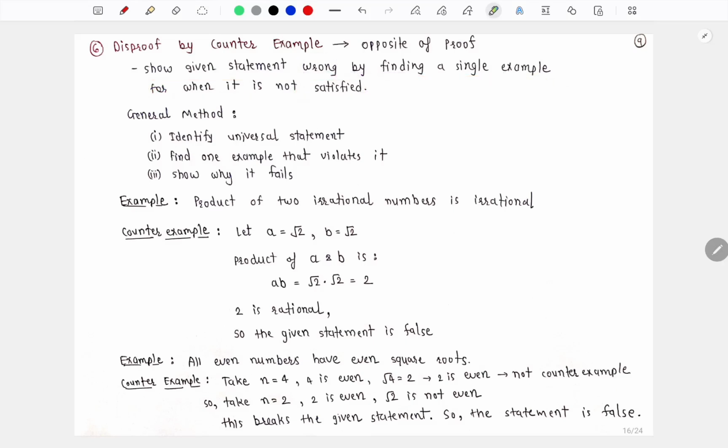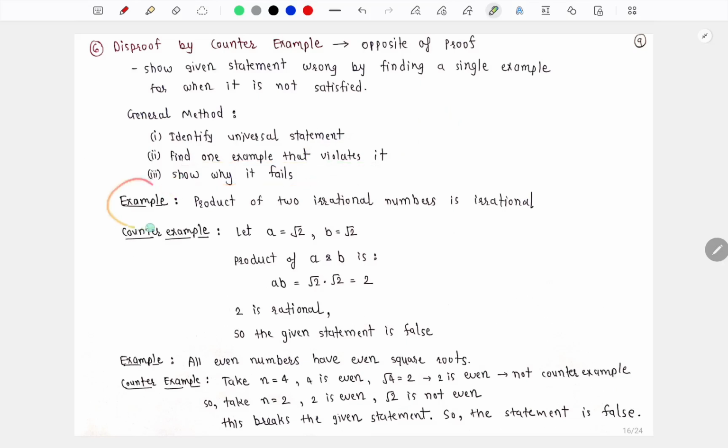So we have to find one single example to disprove the given statement. What is the general method to find this? First, identify the universal statement. Then find one example that violates it. That means that proves the given statement wrong. And then last step, show why it fails.